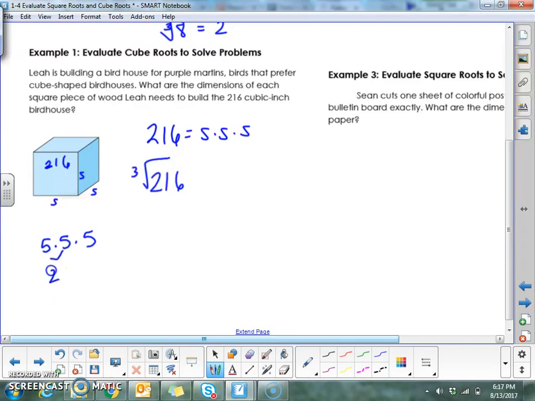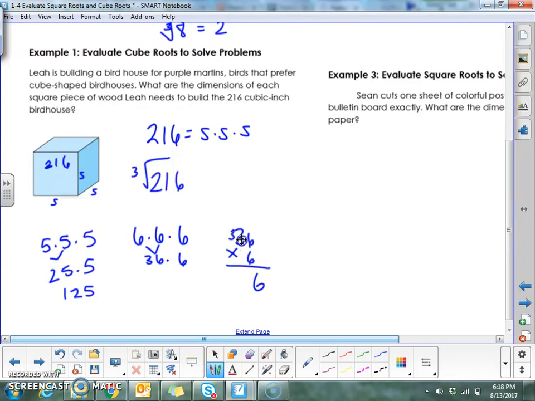So 5 times 5 is 25. 25 times 5 is 125. Okay, this is too low, so I'm going to have to use a number that's larger. So let's try 6. 6 times 6 times 6. 6 times 6 is 36. And I need to multiply that by 6, so I'm just going to write out my work over here.